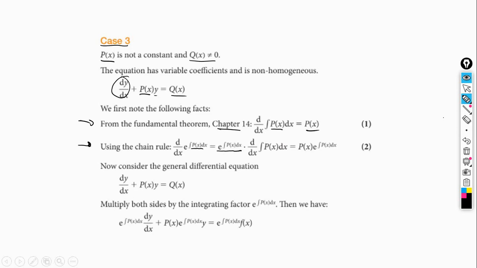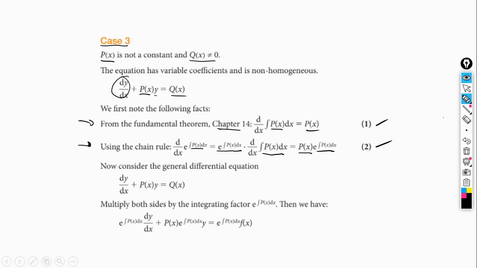And it's going to be the derivative of the integral of p of x dx, which is going to finally give us p of x times e to the power of the integral of p of x dx. So these are two facts that we are going to use, and this is labeled 1 and 2.